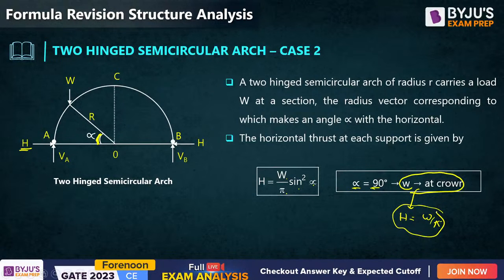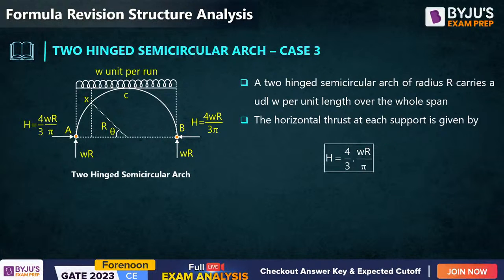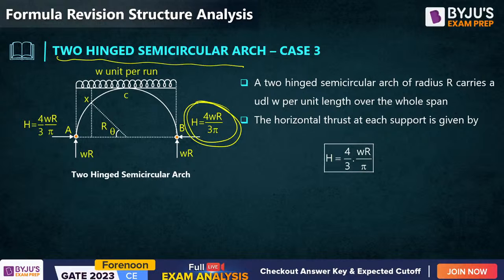Okay. Next one, let us suppose if UDL is there on two hinge semicircular arch on the entire span, then the horizontal thrust will be 4WR by 3 pi.